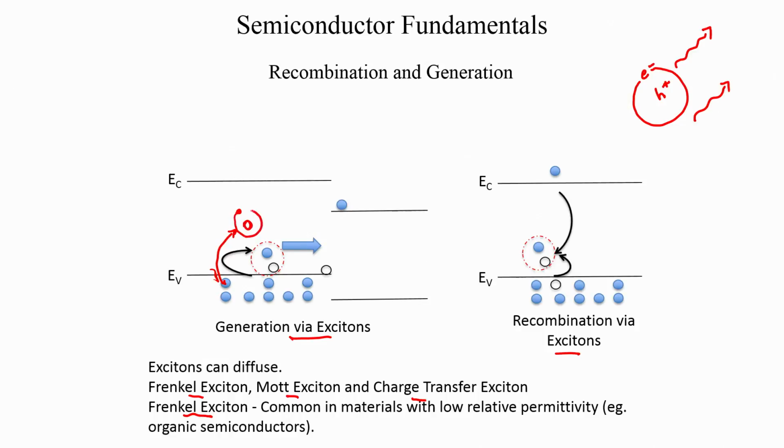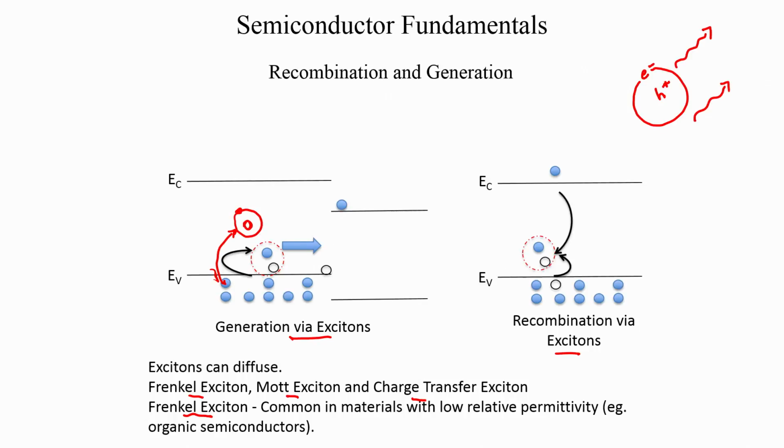This species is called the exciton, and this exciton can be energized, or it can lead to a pure electron hole pair separation, probably in the presence of an electric field.